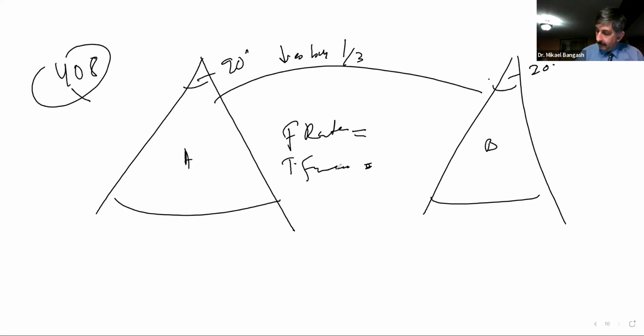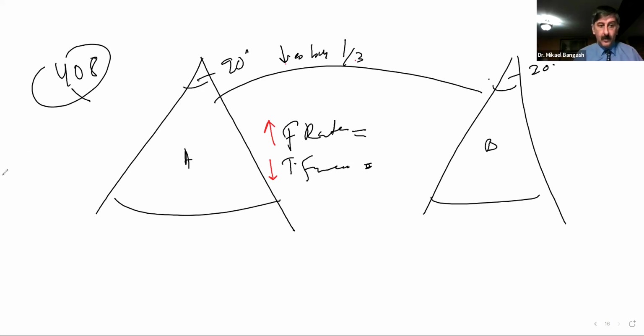Clear? What else happened? Now what we know is the effect of decreasing the sector size is that the T frame will reduce, which means the frame rate will increase.